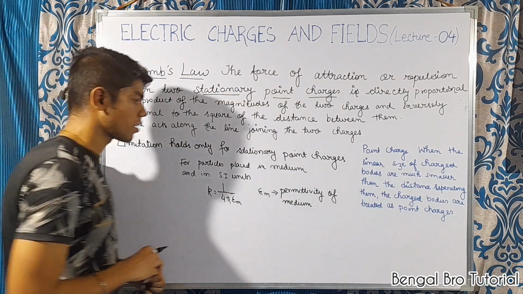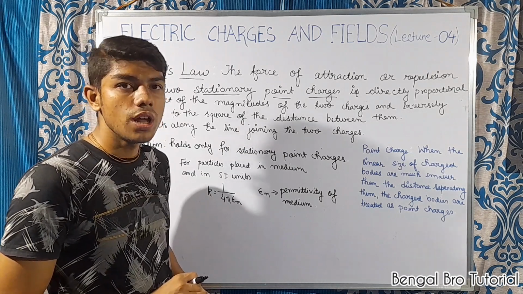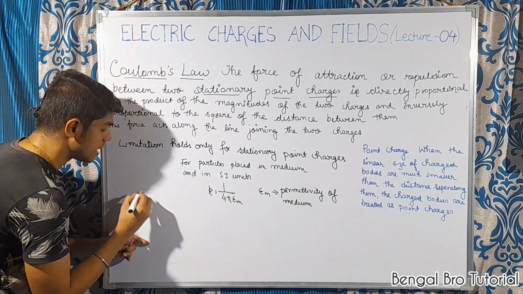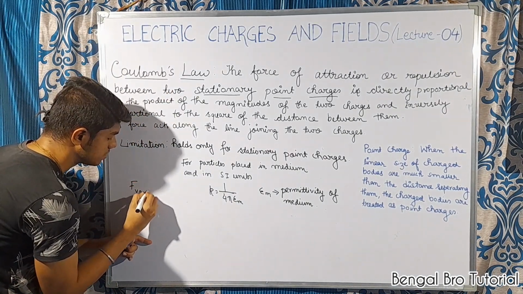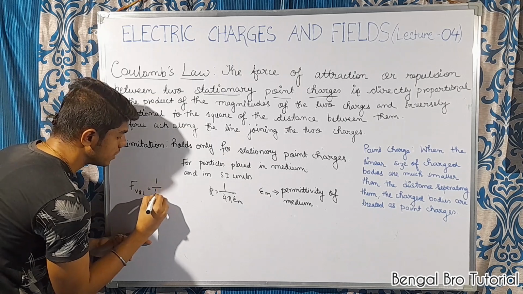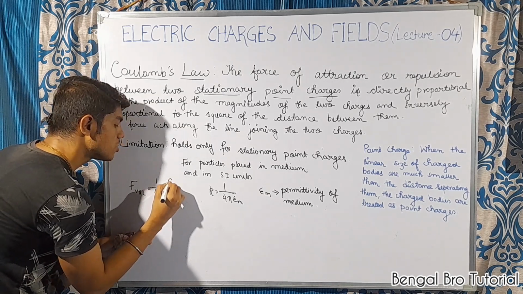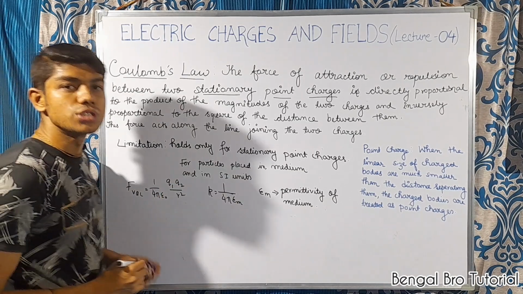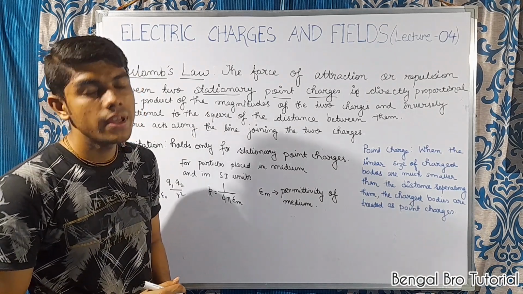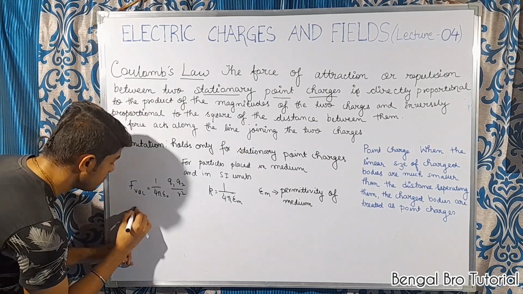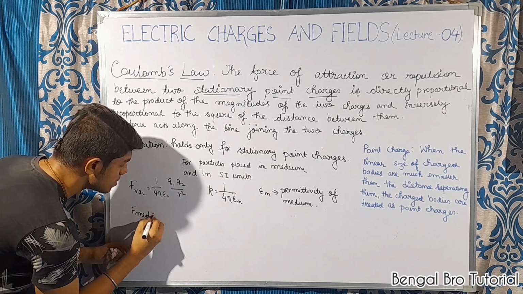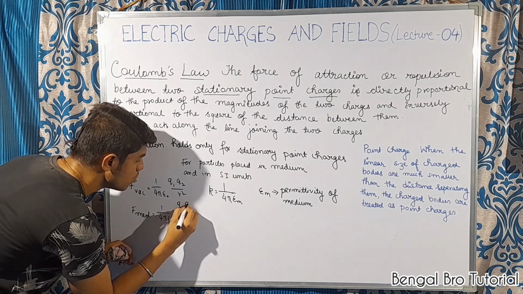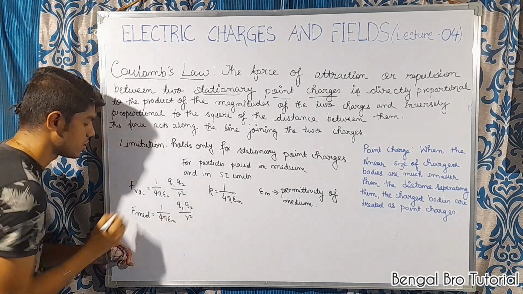So we can write Coulomb's law for two charged particles placed in vacuum and in SI unit as F is equal to 1 by 4 pi epsilon naught Q1 Q2 by r square, and for two charged particles placed in any medium and in SI unit as F medium is equal to 1 by 4 pi epsilon m Q1 Q2 by r square.